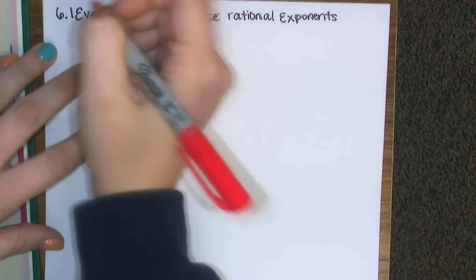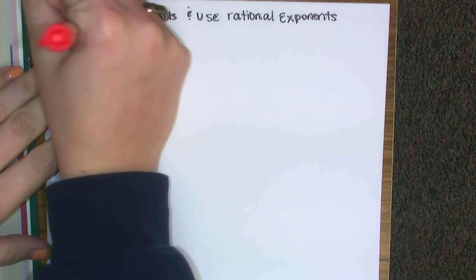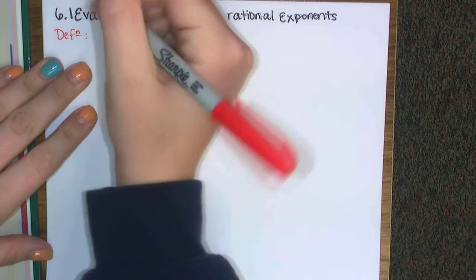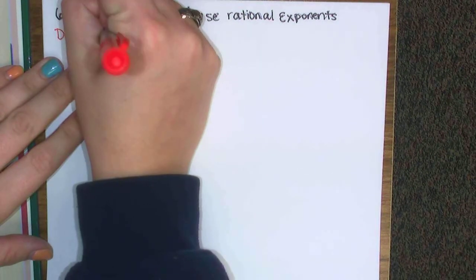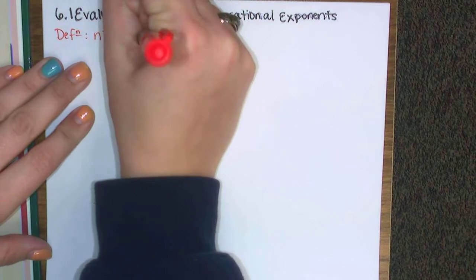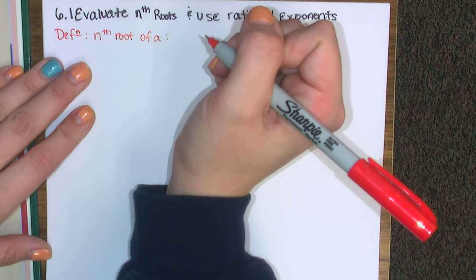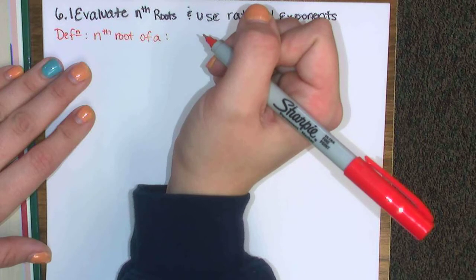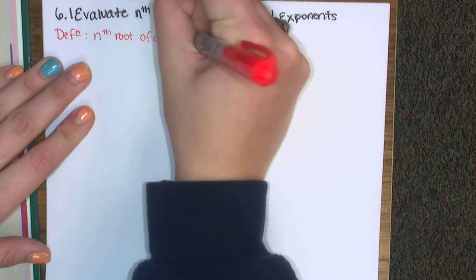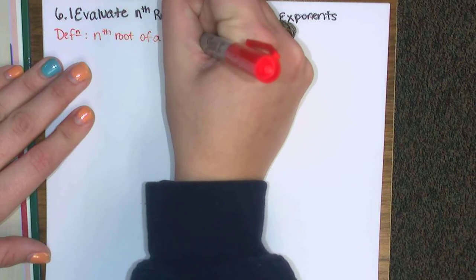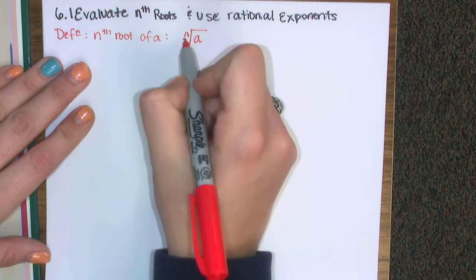we're looking at nth roots. Our first definition is for the nth root of A. Basically, all we're doing with this is we're just going to say that this is the nth root of A. Normally we don't write the n.